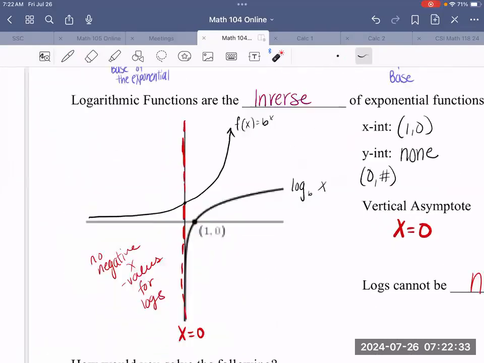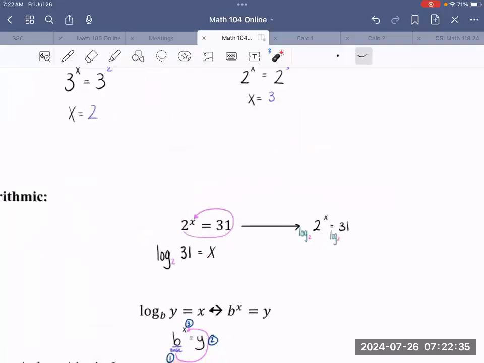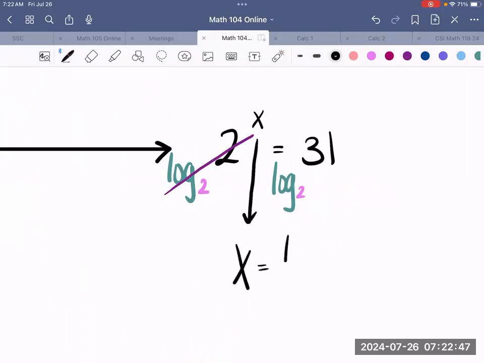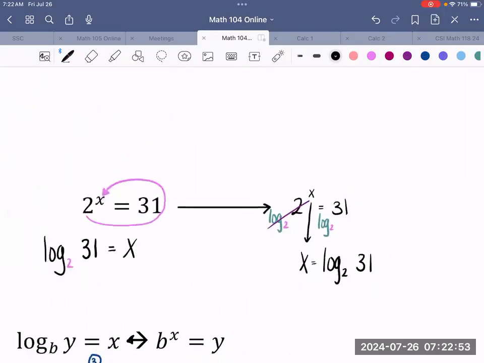It's an inverse property. That's why we get to do this. So they end up canceling out on one side because they match, and your x value drops. So x is equal to log base 2 of 31, the same exact expression you have on the other side.